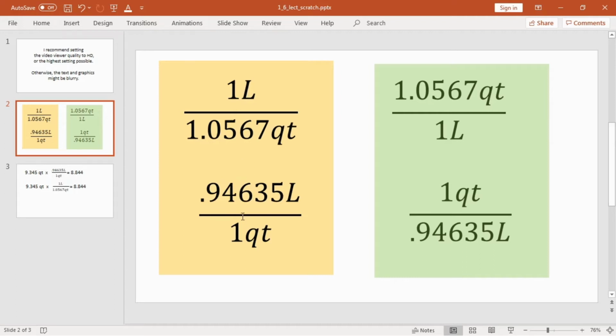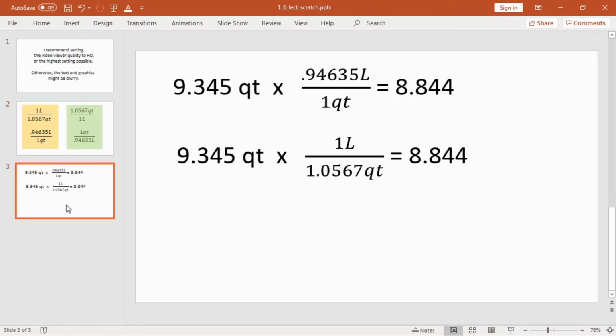You can pick either one, it'll work, and I'm going to show that here. We'll actually use both that are highlighted in the yellow box. So we can pick this one, or we could pick this one. You'll get the same result. And so you can multiply 9.345 quarts by this conversion factor.